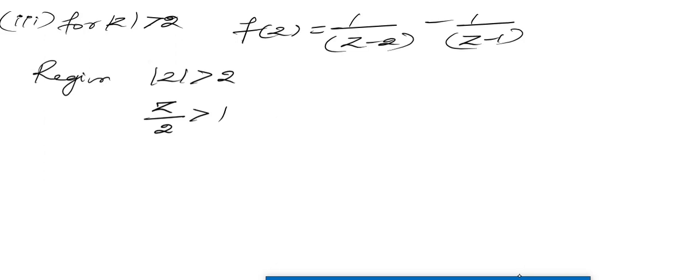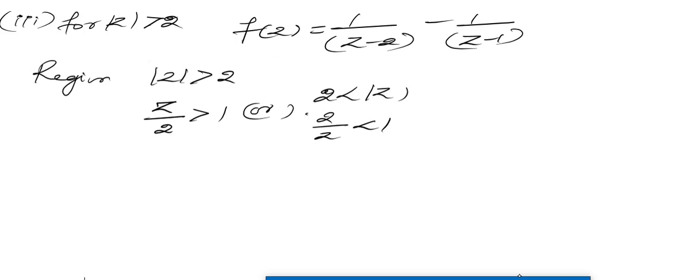That is one possibility, but I need it in the reverse form. Either you can take the reciprocal, and when you take the reciprocal you will get the inverse function, or you can write 2 is less than mod z. The same condition I am writing here. So I can write 2 by z less than 1. This will be fine.